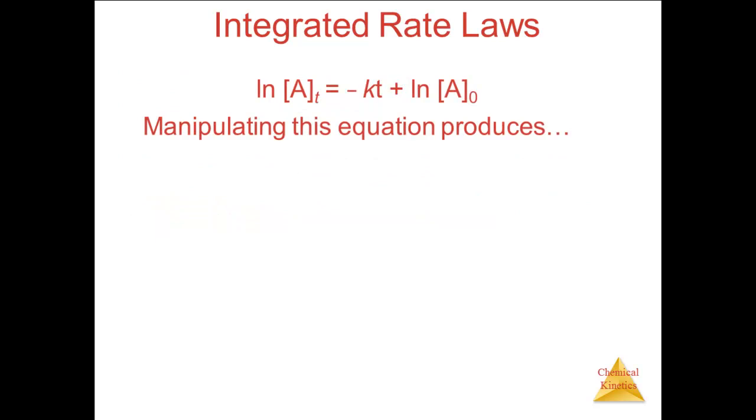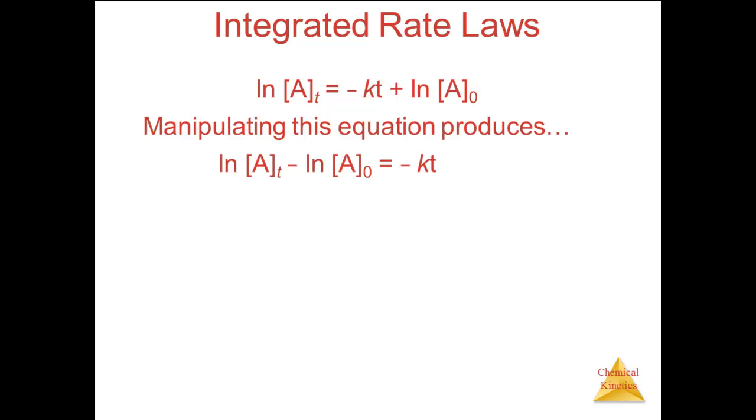We can rearrange the equation into a sometimes more useful form, which separates the concentrations from K and t. By subtracting the natural log of the concentration of A0 from both sides, we move the concentrations to the left side of the equation, producing the equation natural log of the concentration of A at time t minus the natural log of the initial concentration of A equals minus kt.